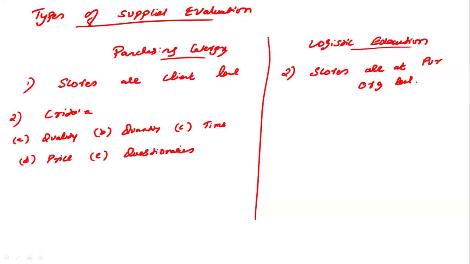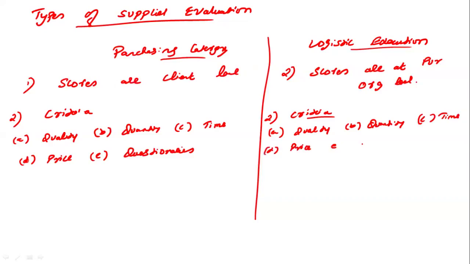But in logistic execution, we have more criteria: quality, quantity, time, price, services, invoice, and questionnaires.